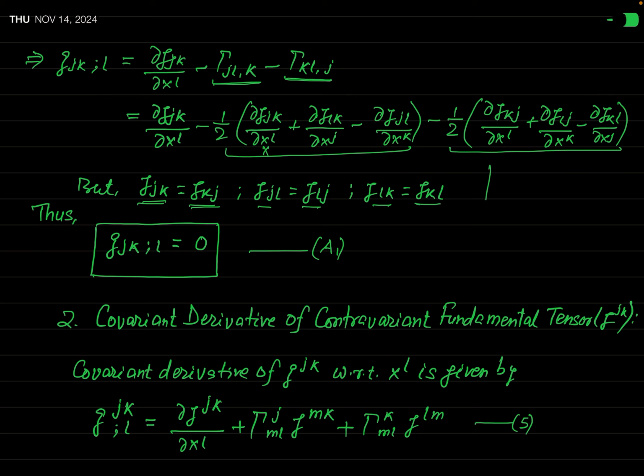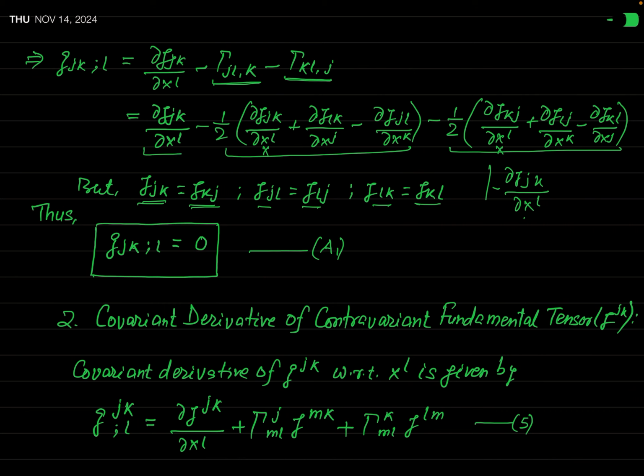So this will become del GJK over del XL, 2 times of this much into 1 by 2. So 2 and 2 will cancel out. So the sum of the first two terms will in fact be minus del GJK by del XL.